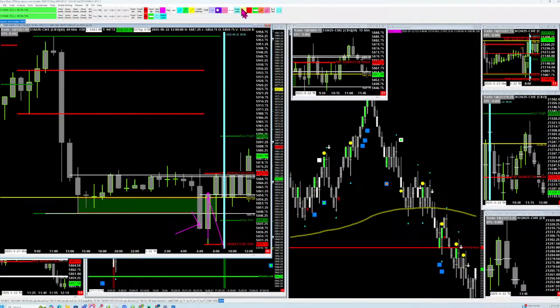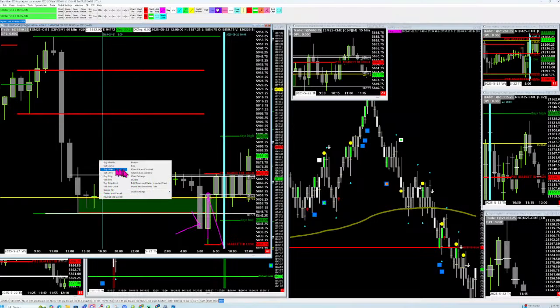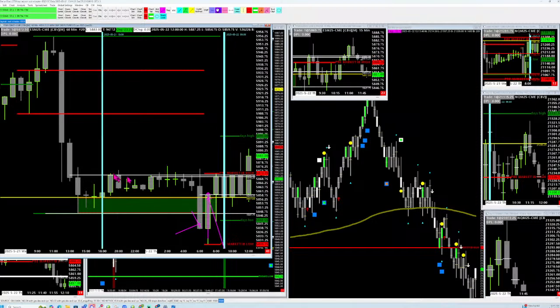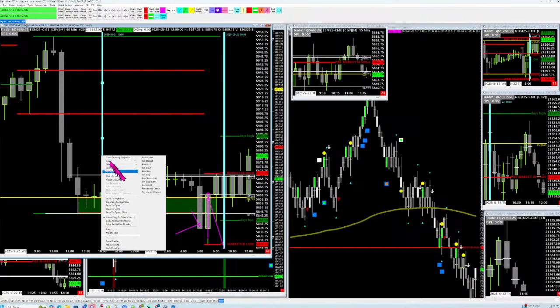I'll put a line there. We are looking here, right? Okay, that is where we're looking. We'll change the color so we don't get confused.